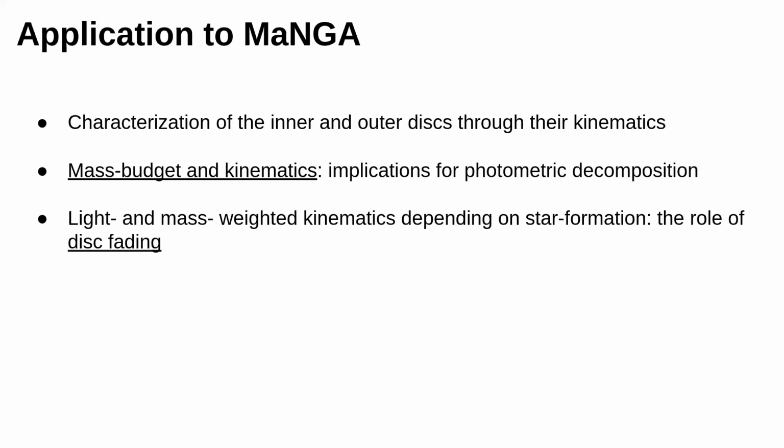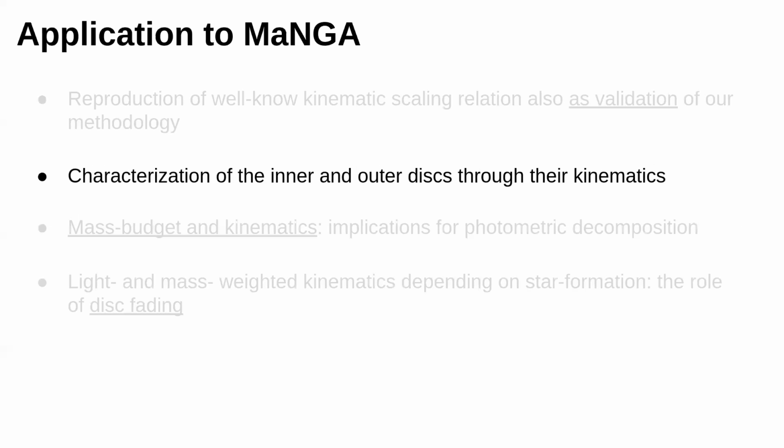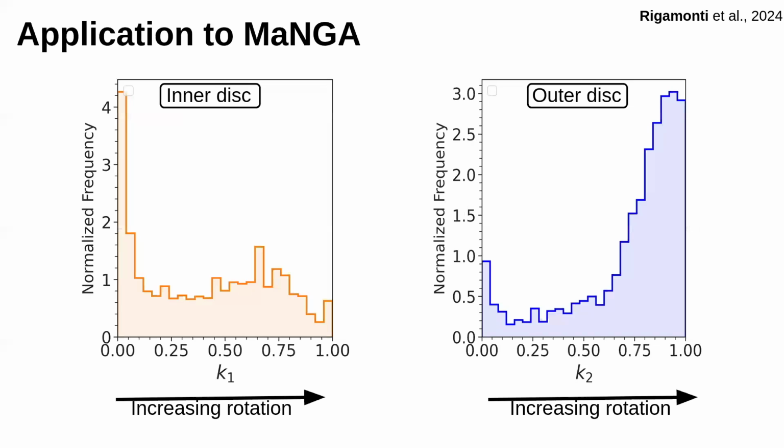Before doing that, let me go back to the parameters that we call K1 and K2, which regulate the dynamics of the disks. Again, these are the two parameters that we were referring to. They can range between 0 and 1. When they are close to 1, it means that the component that they are referring to, the inner disk in this case, or the outer disk, is entirely rotationally supported in circular motion.